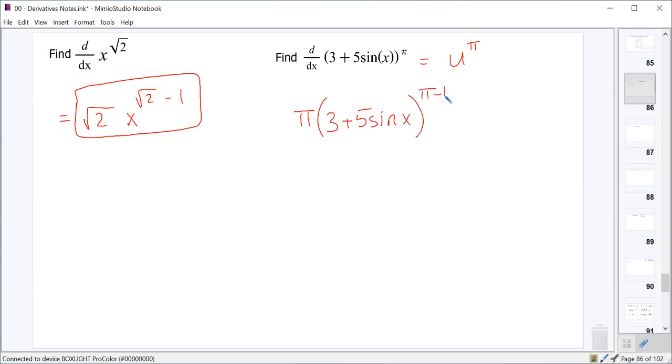And then because we're doing the chain rule, we have to multiply that by the derivative of 3 plus 5 sine x. And the derivative of 3 plus 5 sine x is just 5 cosine x.